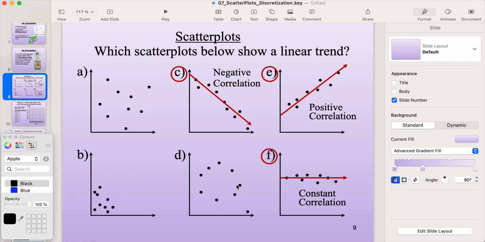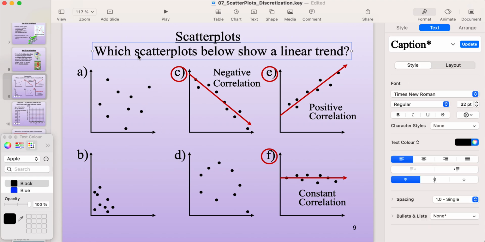So let's look at the scatter plots on these visualizations here. We would like to find which scatter plot has a linear trend.